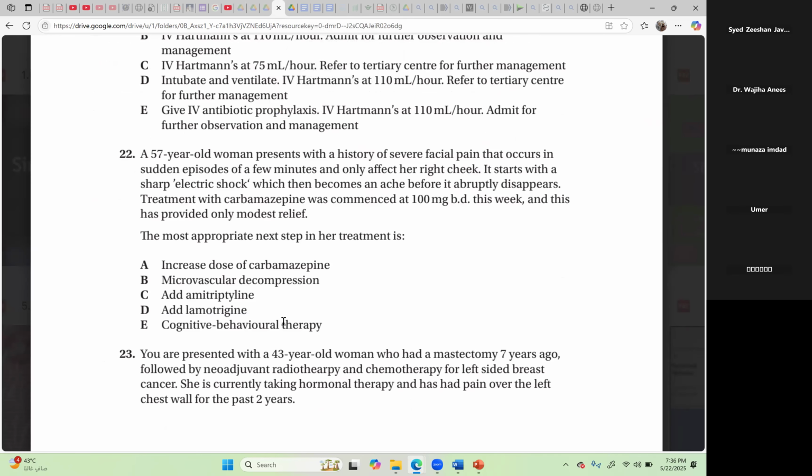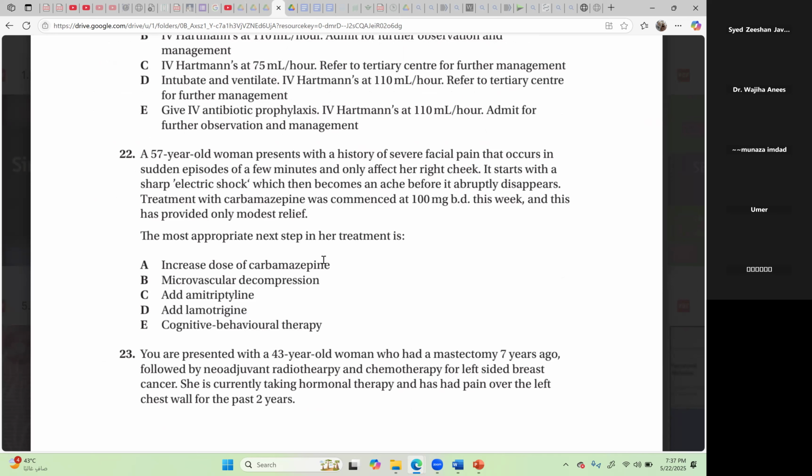Amitriptyline may be added, lamotrigine may be used, and cognitive behavioral therapy should be used. So, when you are preparing for this MCQ, read each and everything. What is microvascular decompression? What is cognitive behavioral therapy? What is amitriptyline? What is lamotrigine? Because these explanations are not written here, you just have to Google.